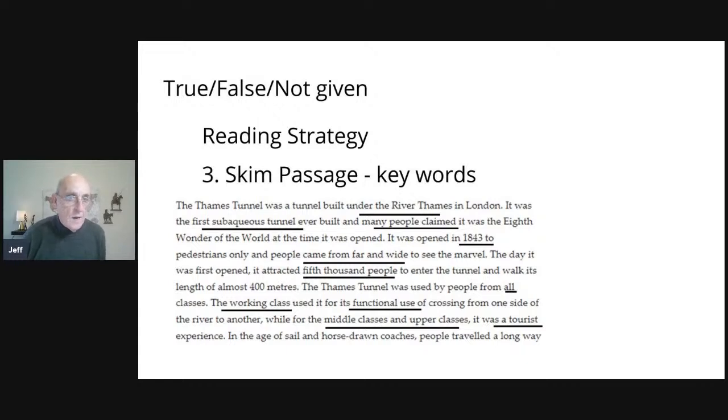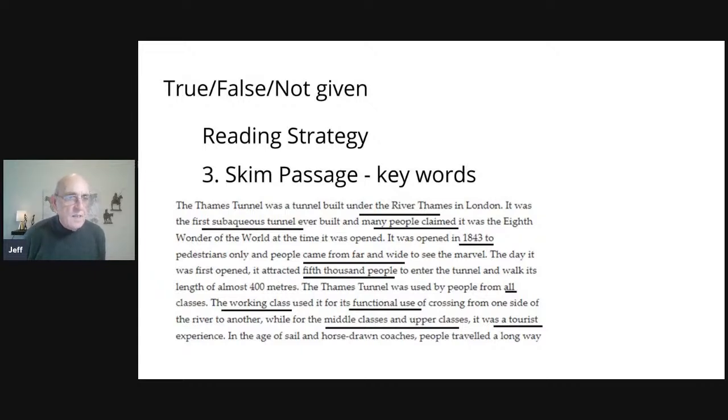So I'm going to keep going. I'm not going to flip back and forth yet. My main task right now is to just get through the passage, skim the whole passage as quickly as possible, and underline the key information.